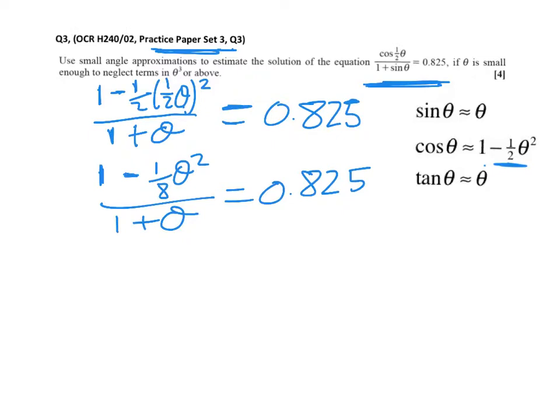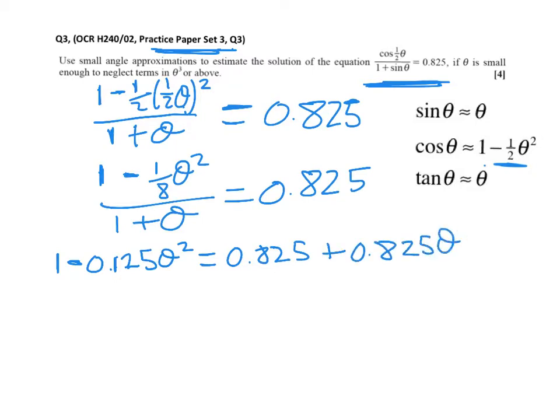Well, what do we do here? We need to have a bit of a play with this. So I multiply through by 1 plus theta. So I've got 1 minus, well, we're going to go into decimals now. So an eighth would be 0.125 theta squared equals 0.825 plus 0.825 theta. I've just multiplied through by 1 plus theta.